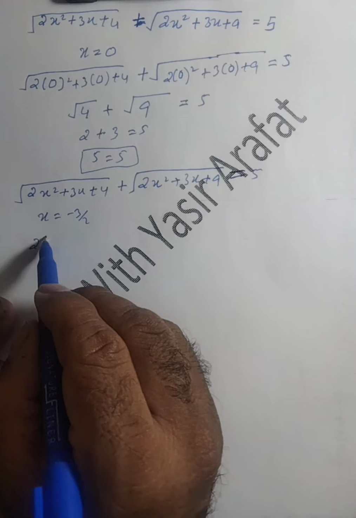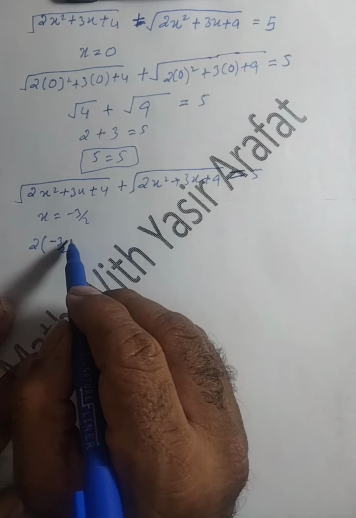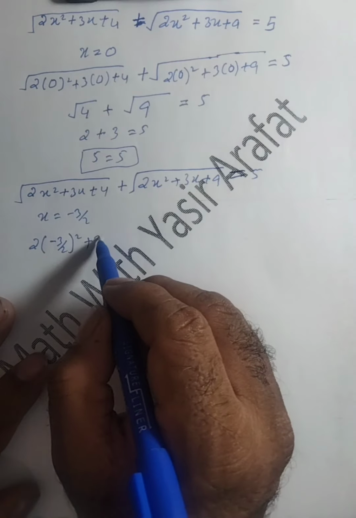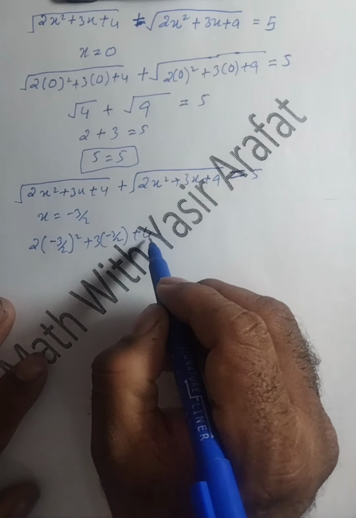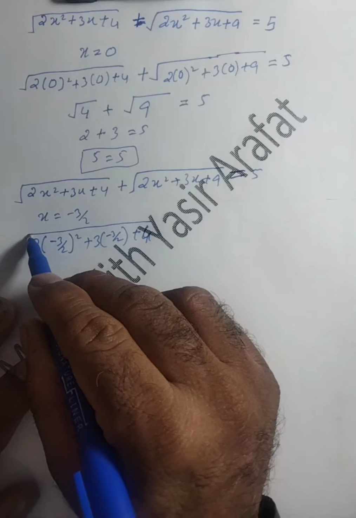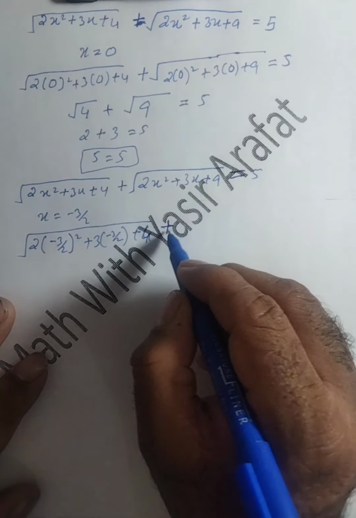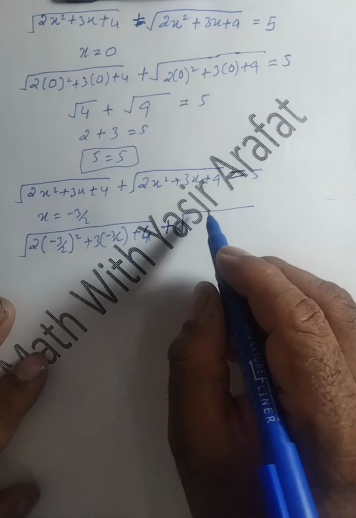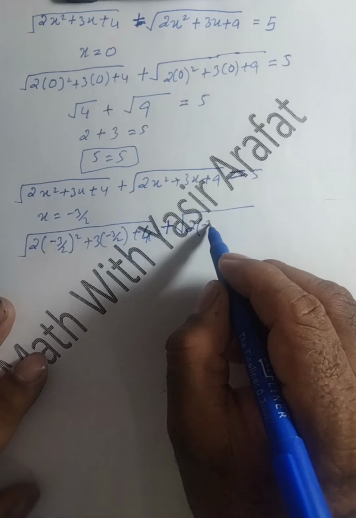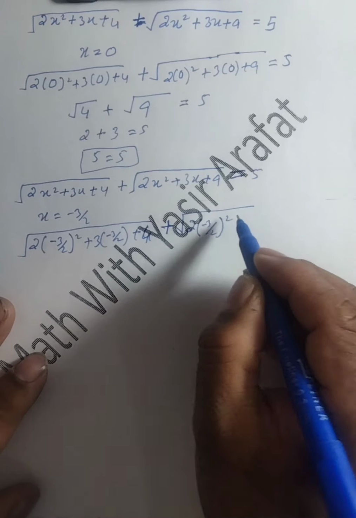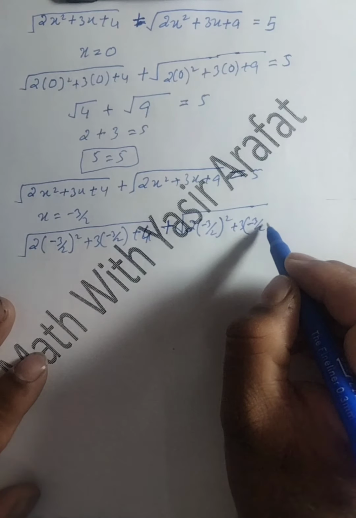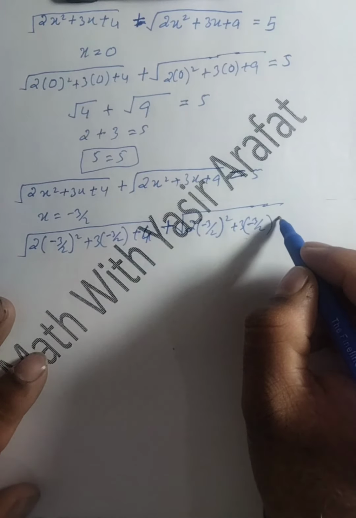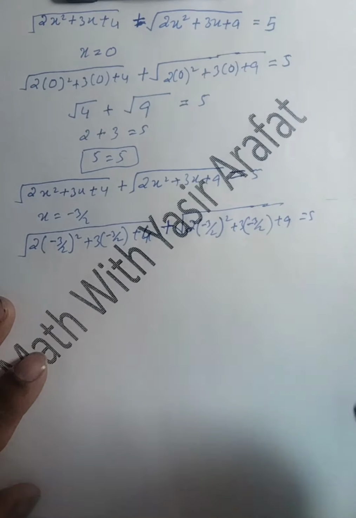So we have to put this value one by one. 2 times minus 3 upon 2 square, plus 3 times minus 3 upon 2 plus 4 in the radical, and this is again, this is 2 times minus 3 upon 2 square plus 3 times minus 3 upon 2 plus 9 equals to 5.